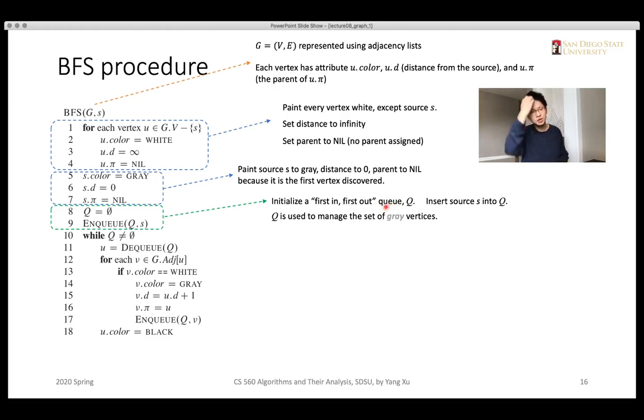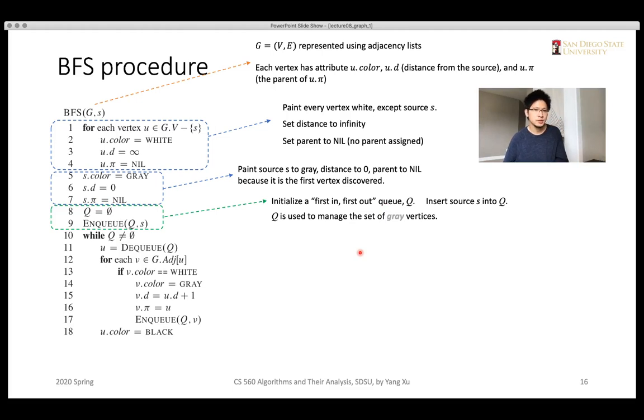A queue, which we already used a lot before, is a first in, first out data structure. We can enqueue an element into the queue, and then we can dequeue the element at the head of the queue. Everything enqueued is appended to the tail of the queue, and everything that gets dequeued is from the head of the queue.